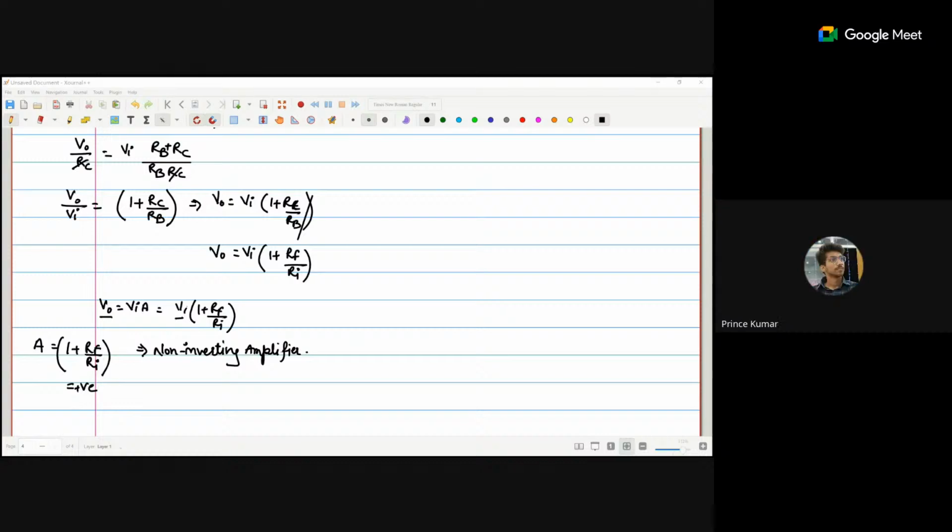Like in the case of negative feedback, if the operational amplifier is ideal in nature, then the current is always zero. Inside the op-amp, current is always zero. Can you explain it again? Okay, I will explain. Yes, Pradeepa.